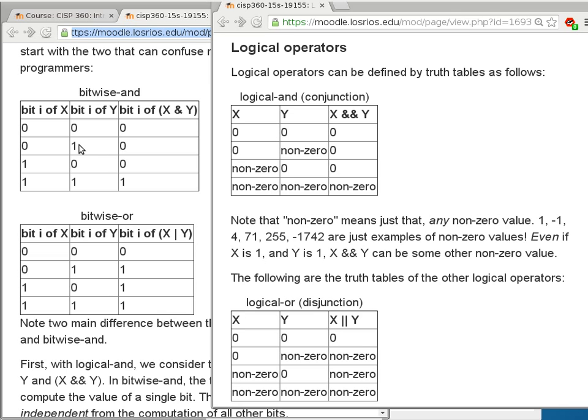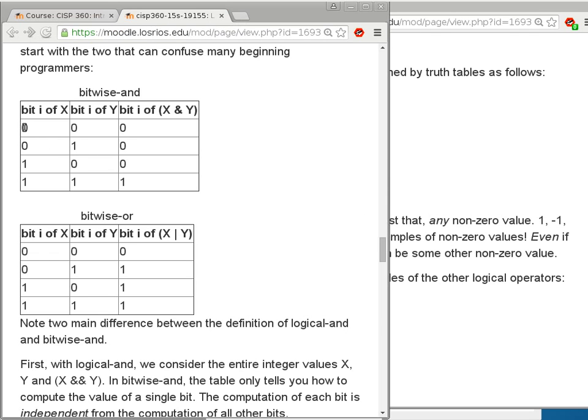Why do you think I can say for sure that non-zero has to be 1 when we're dealing with bitwise operation? Exactly, because in a binary number, we can only have 2 values per digit, which is 0 and 1. If a particular value is not 0, how many choices do I have? We only got 1 choice, which is 1, right? So that's why when you're dealing with bitwise operation, for each individual bit, 0 and 0 has to be 0, 0 and 1 has to be 0, and the last one, 1 and 1, has to be a 1.